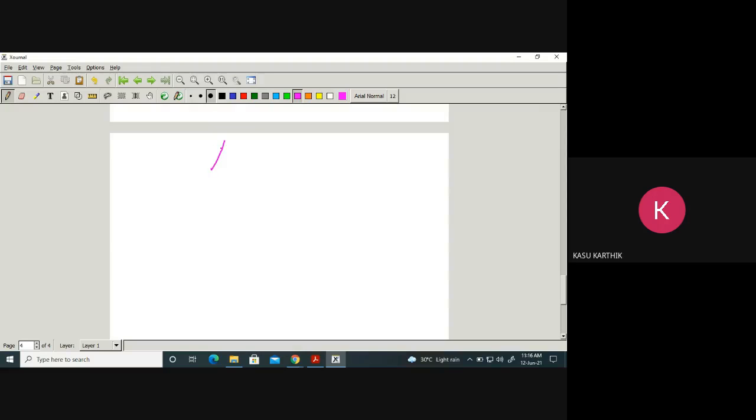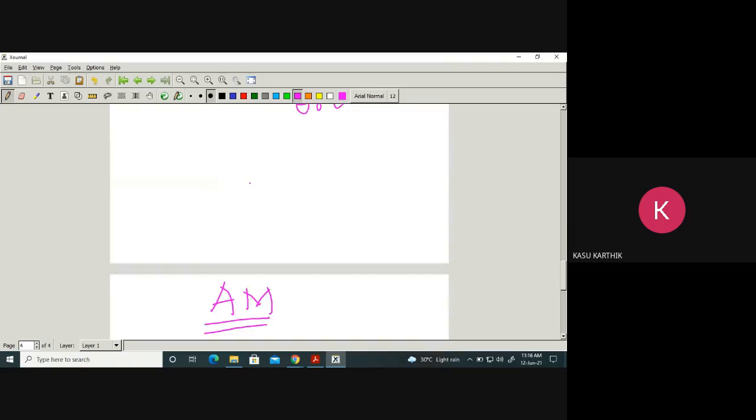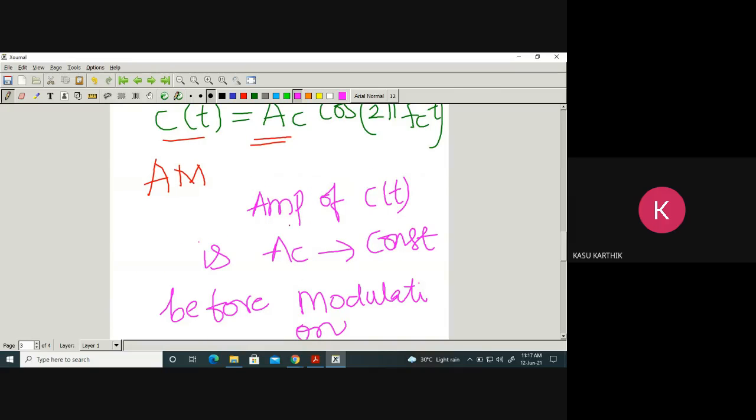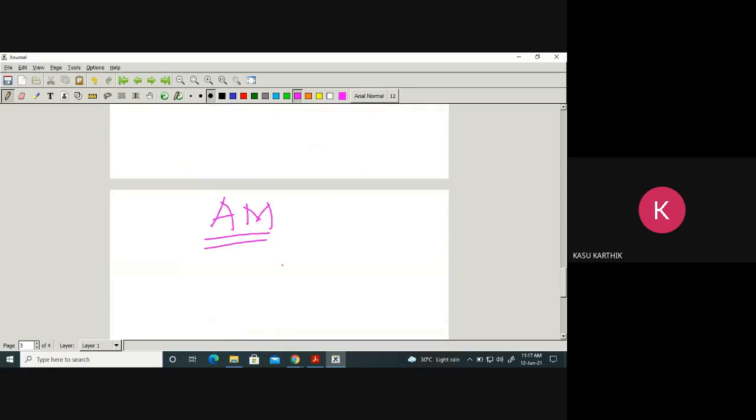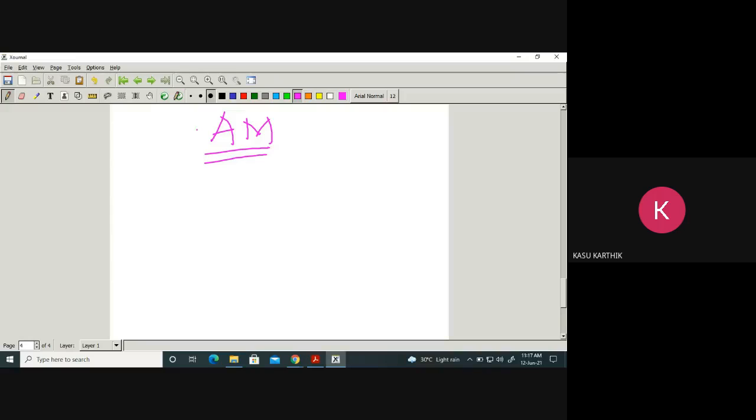Amplitude modulation. Message signal modulates the amplitude of the carrier. Now, we have to change the amplitude of the carrier so that it contains message signal. Here, amplitude is simply constant. Okay. Now, after modulation, what happens? So, we write this as S of t. S of t is a modulated signal.